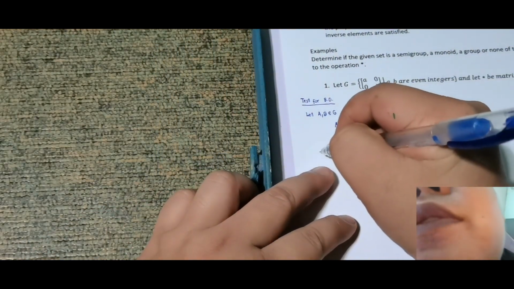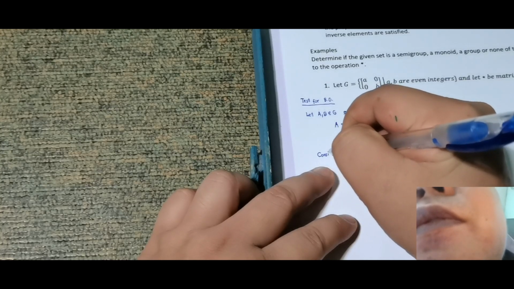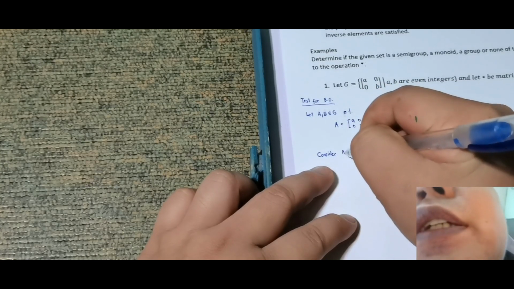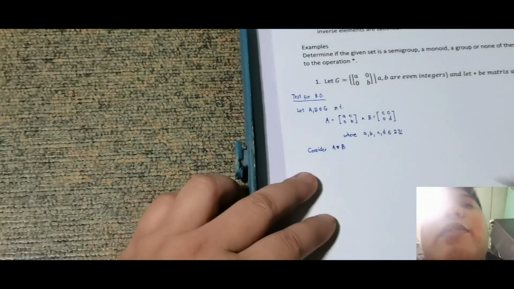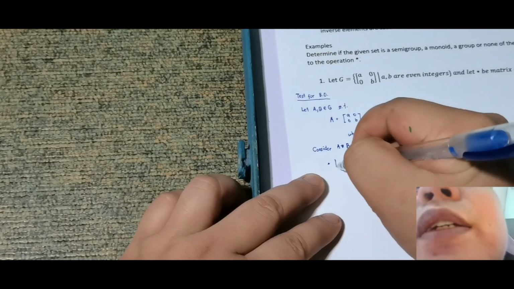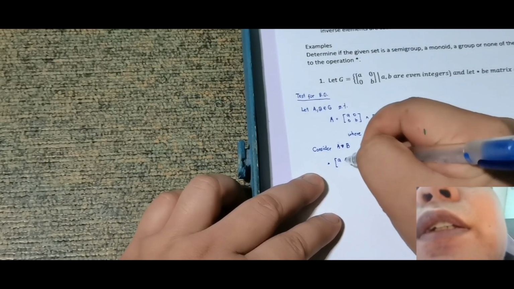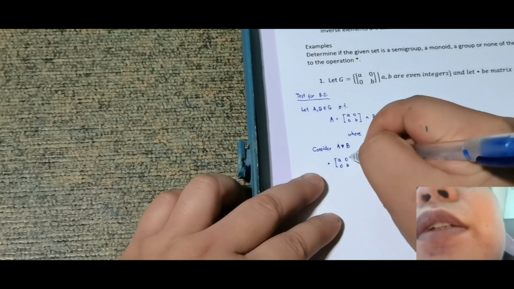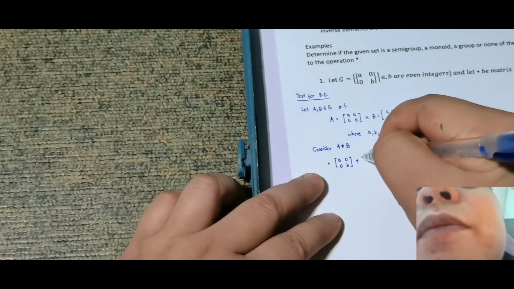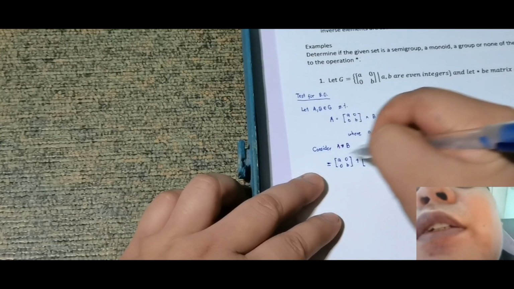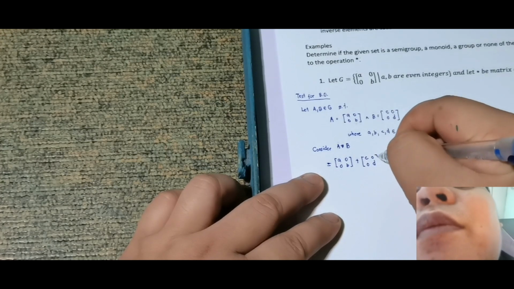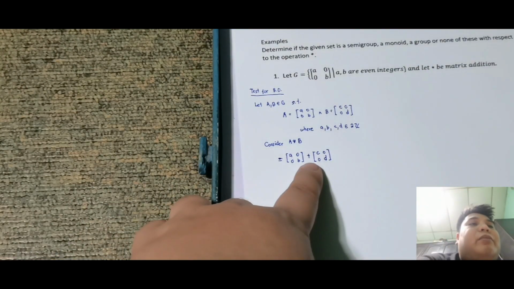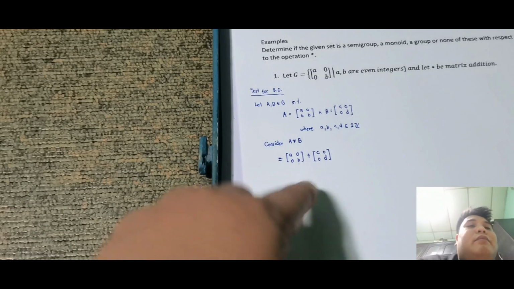So consider A asterisk B. By definition, this is just equal to A 0 0 B plus C 0 0 D. By definition, nilagay ko na yung matrix tapos kasama yung matrix addition o yung ating asterisk.